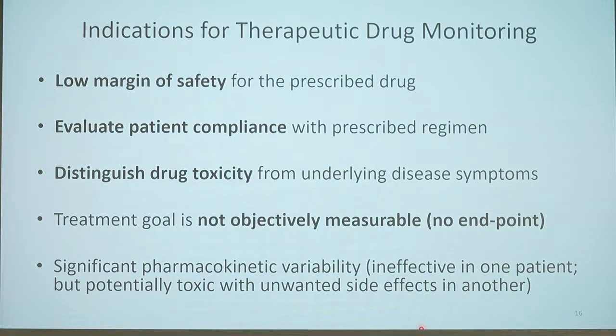So we don't suspect the disease to fully resolve itself. So we use the blood concentration of a drug that is known to treat whatever the condition is based on the drug. We use that as a surrogate marker.